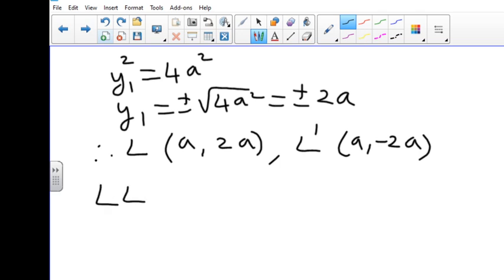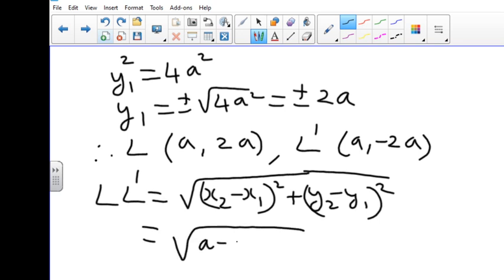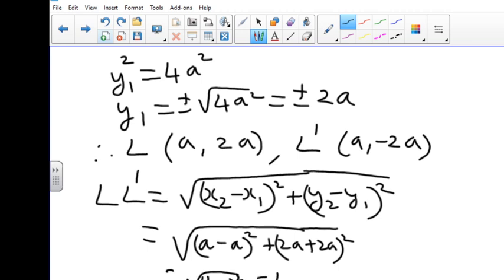So LL dash is the length of the latus rectum. LL dash is equal to, we know the formula, root of x2 minus x1 the whole square plus y2 minus y1 the whole square. Using this we get root of a minus a the whole square plus 2a the whole square, which is equal to root of 4a the whole square, which is equal to 4a.